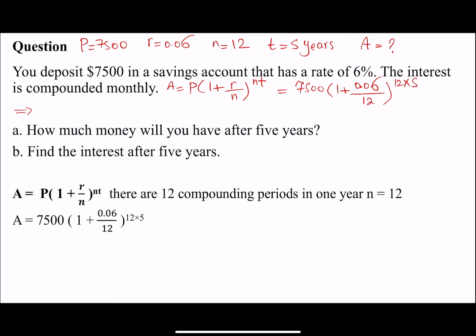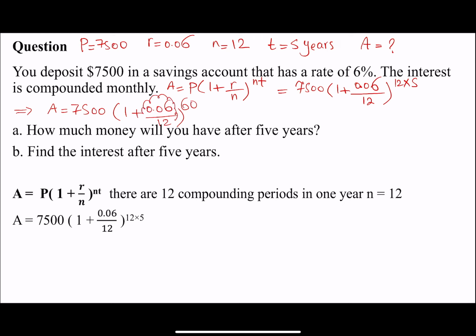So A is 7,500 times 1 plus 0.06 over 12 to the power of 12 times 5, which is 60. Guys, be careful. Something really important. First of all, you have to find out 0.06 over 12.